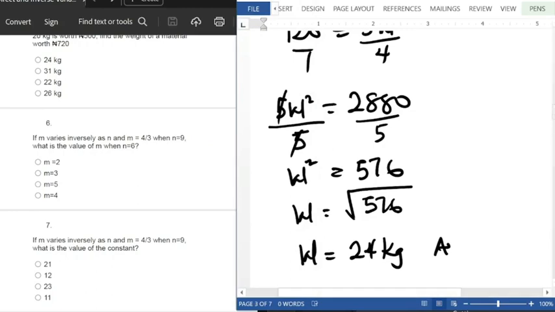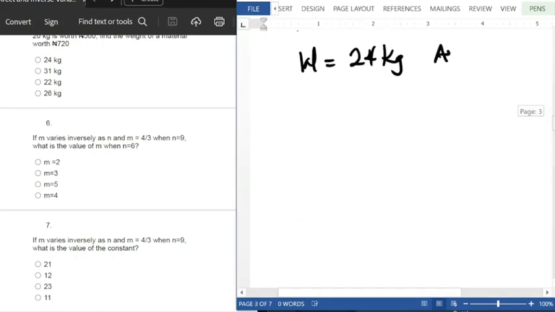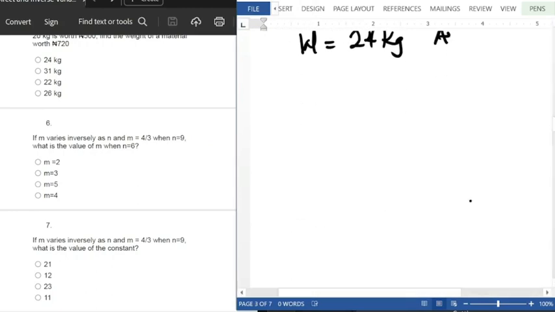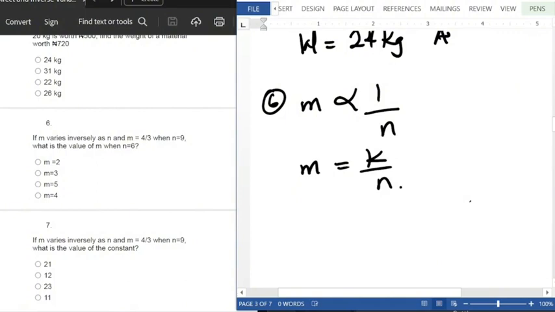Question number 6 is an inverse variation, an indirect variation. M varies inversely as N, that's 1 over N. So let's change this to M equals K all over N. We are given the value of M to be 4 over 3, and N is 9.